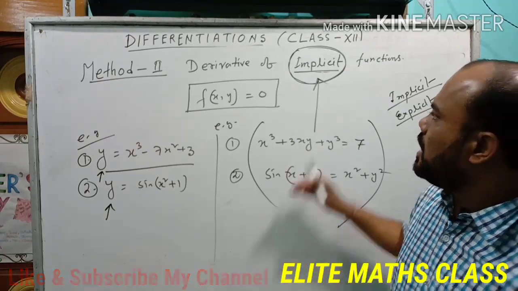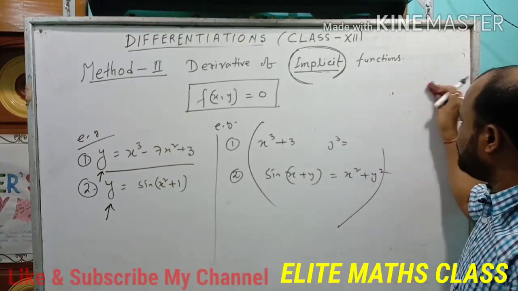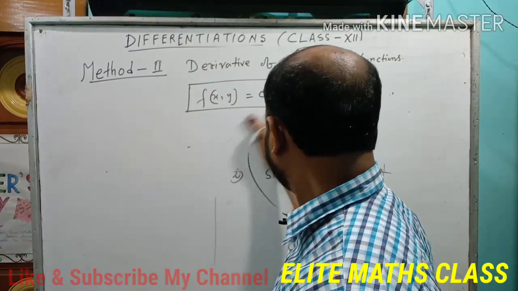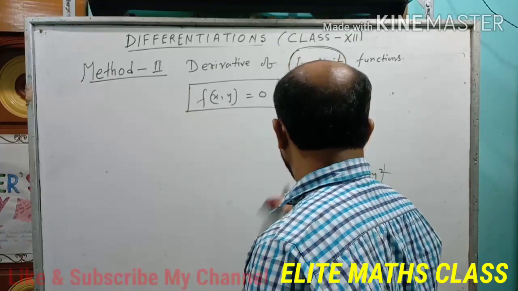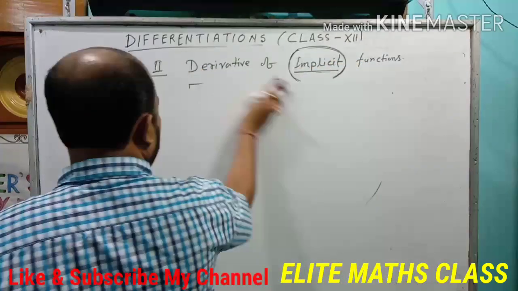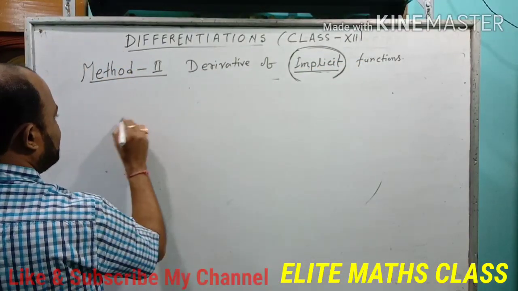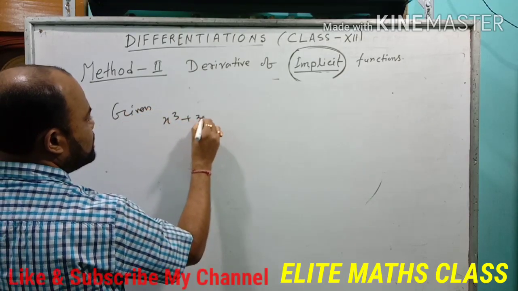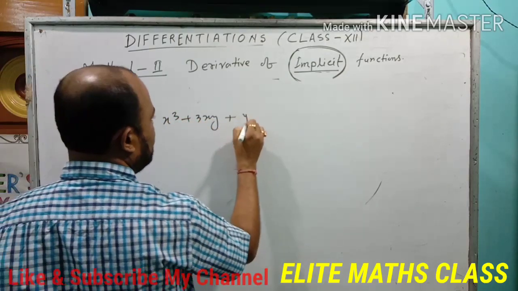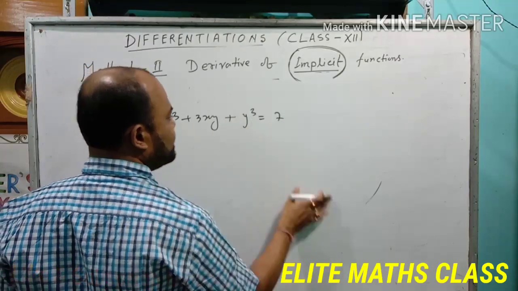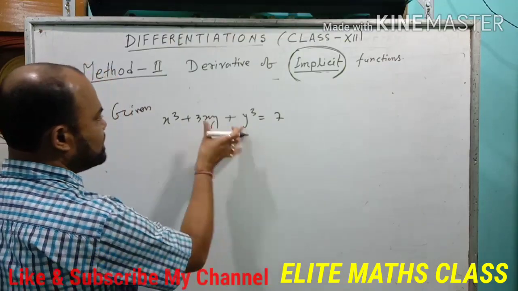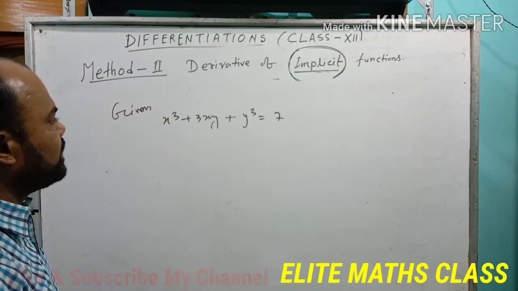Now see the method of how to find the derivative of an implicit function. Let us take this example. The given function is x cube plus 3xy plus y cube, that one we have taken earlier. From this function we have to find dy by dx.